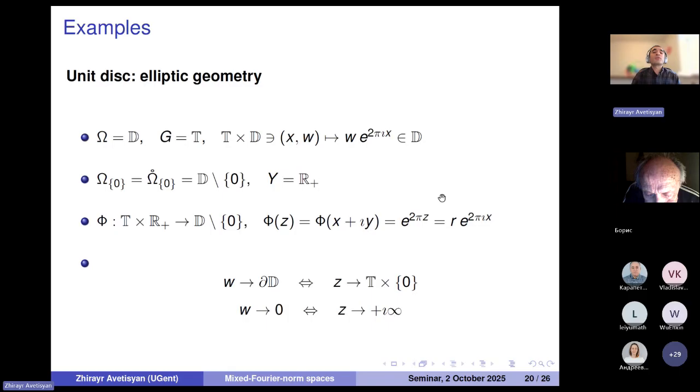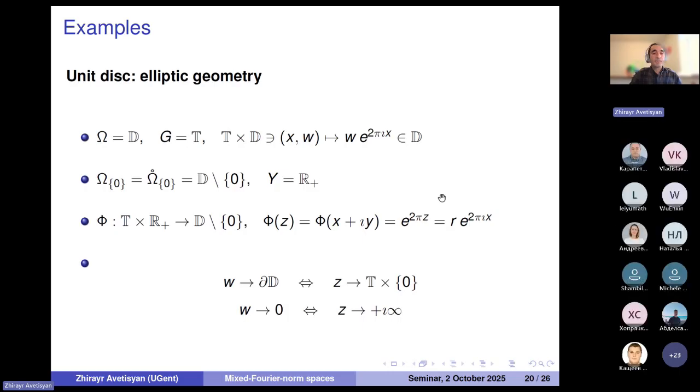So from the Fourier transform perspective, the punctured disk is the natural object. It is the principal stratum, D minus the 0 point. And the Y manifold is simply R plus. Now, what is the change of coordinates that takes us from the punctured unit disk to the model?